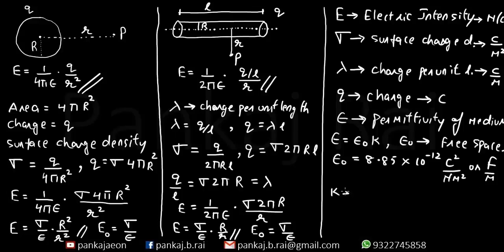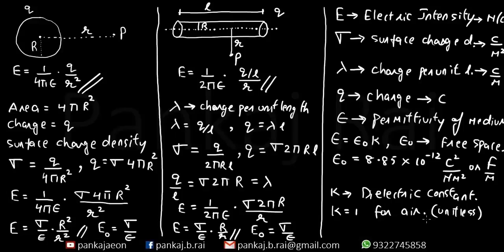And what is K? K is the relative permittivity, also called dielectric constant. For air or vacuum, K is equal to 1. It is unitless because K is epsilon upon epsilon 0, a ratio of two similar quantities.